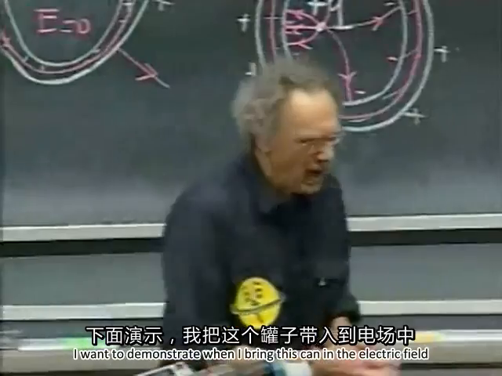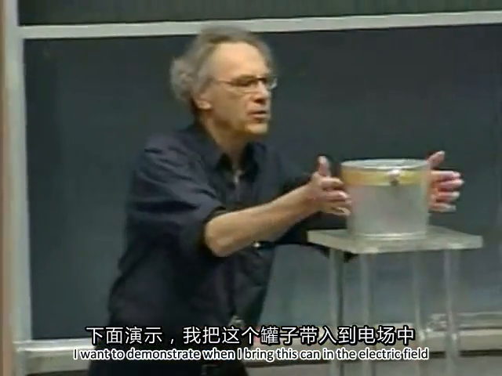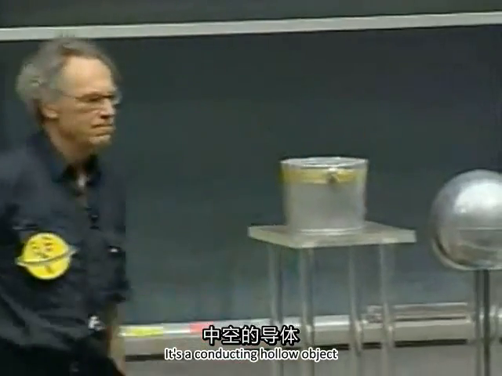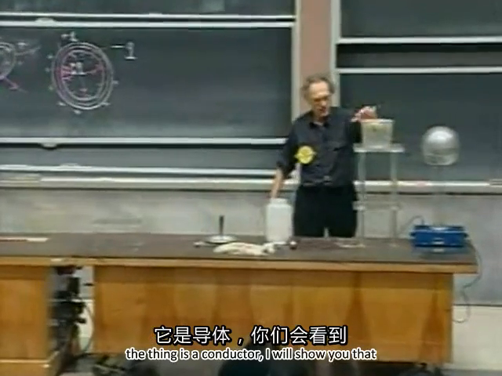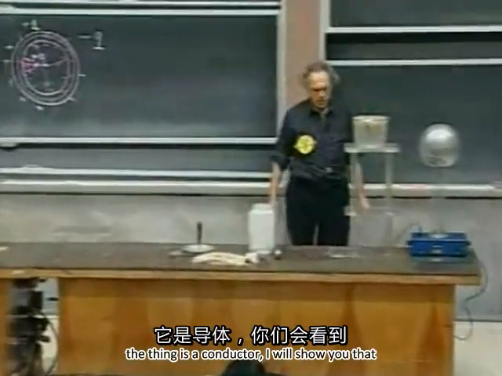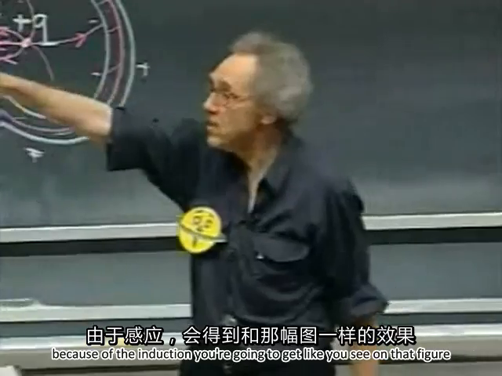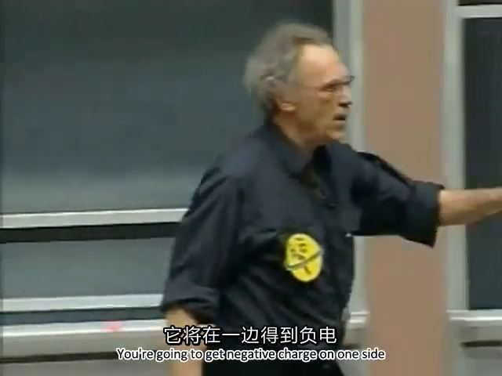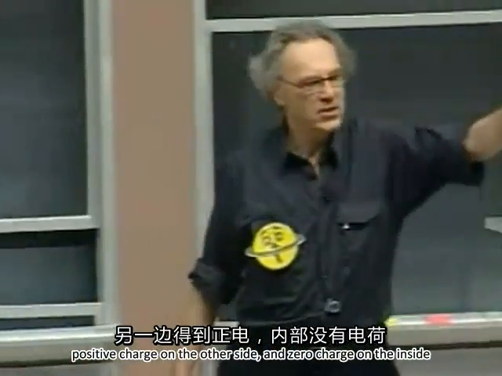I want to demonstrate when I bring this can in the electric field. It's a conducting, hollow object. I bring it in an electric field of the Van de Graaff. The thing is a conductor. I will show you that because of the induction, you're going to get, like you see on that figure, negative charge on one side, positive charge on the other side, and zero charge on the inside.